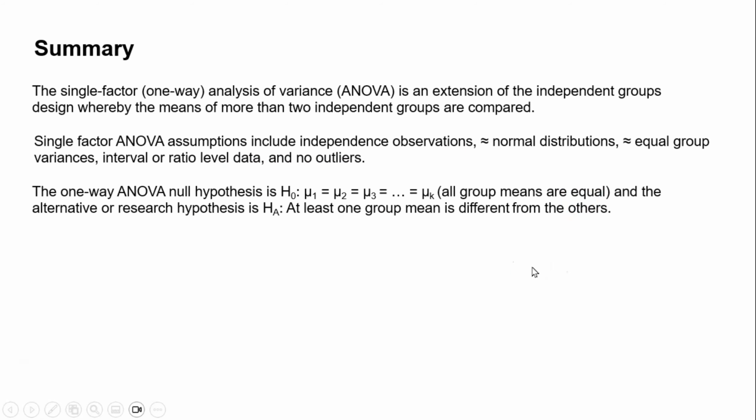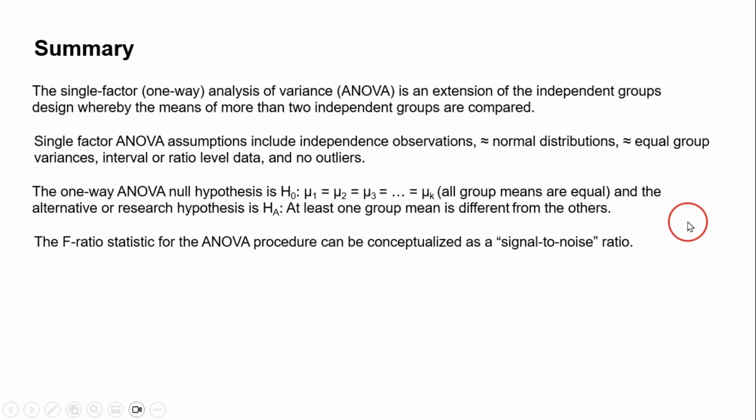The one-way ANOVA null hypothesis states that mu1 is equal to mu2 is equal to mu3, etc., meaning that all group means are equal. And the alternative or research hypothesis is that at least one group mean is different from the others. The F-ratio statistic for the ANOVA procedure can be conceptualized as a signal-to-noise ratio.